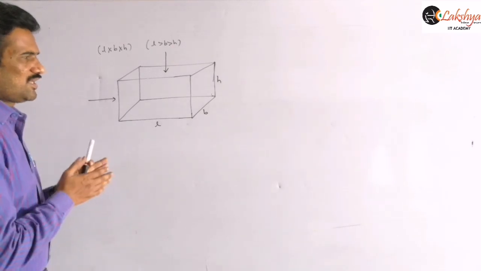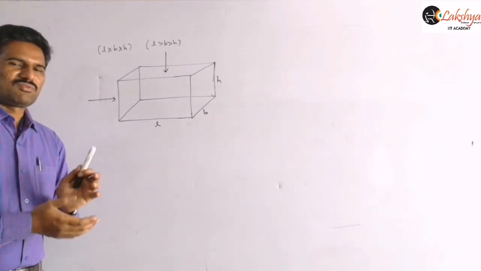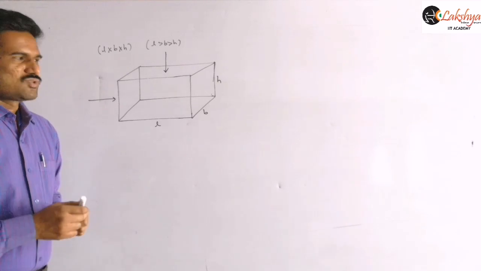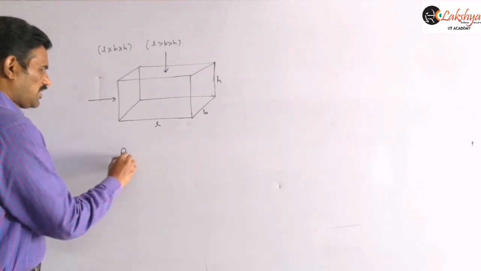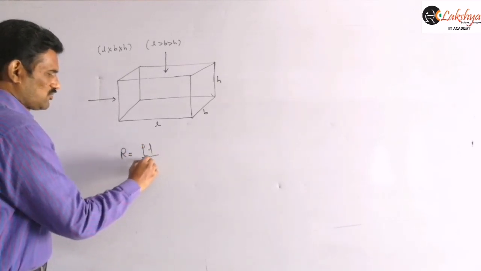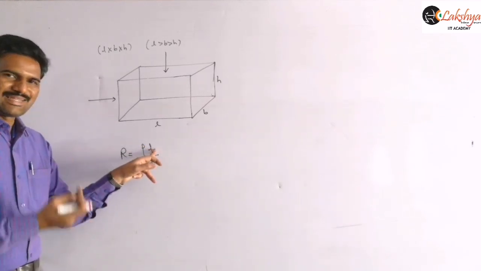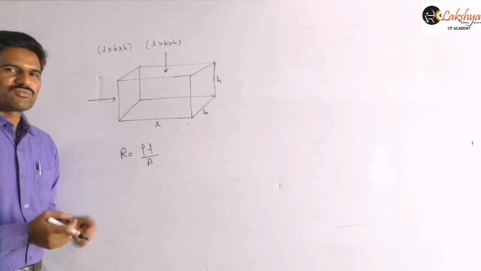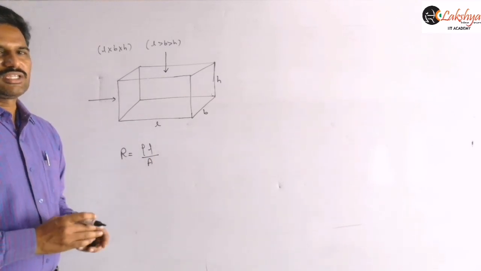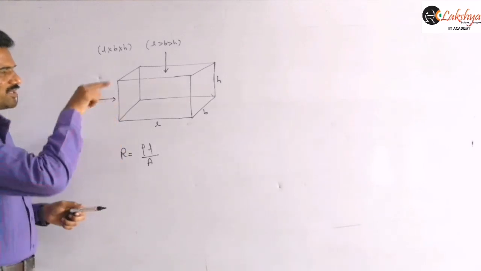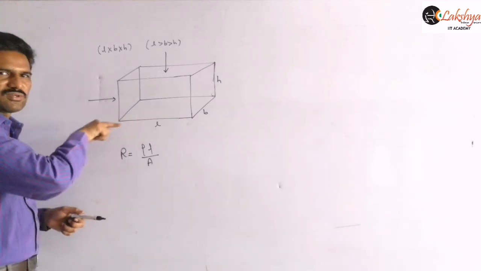Now can you say when the resistance will become maximum, when current is flowing in which direction? We know the formula, R is equal to rho L by A. To get the maximum resistance, the length must be maximum and area of cross section should be minimum. When length is maximum according to our dimensions, that is nothing but our maximum dimension here.